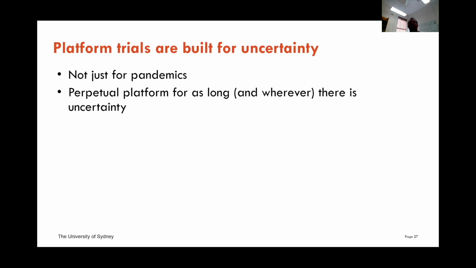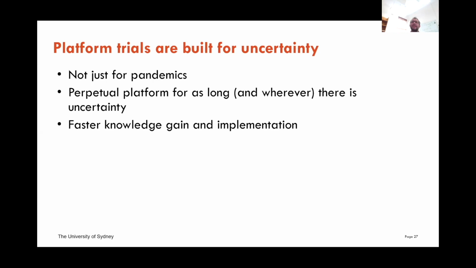So the idea of having a single standalone trial to answer a single question is very inefficient. We should be setting up platforms that exist for as long as there is uncertainty and wherever there is uncertainty in clinical practice. They offer faster knowledge gain and implementation of that knowledge.